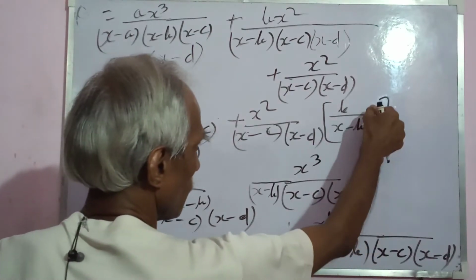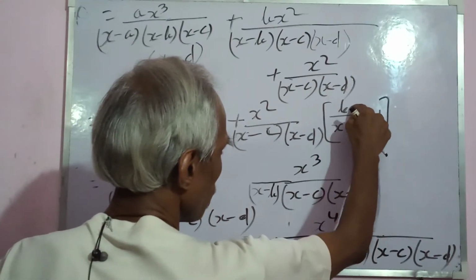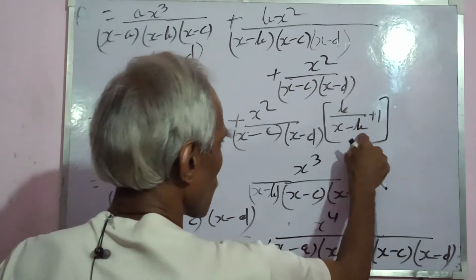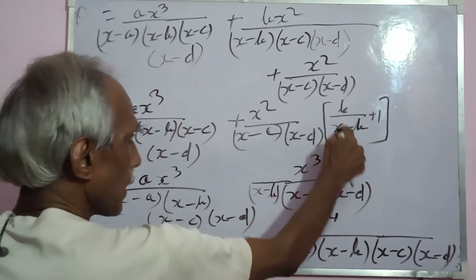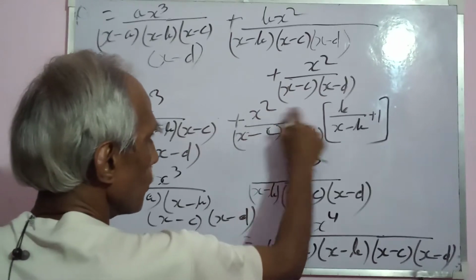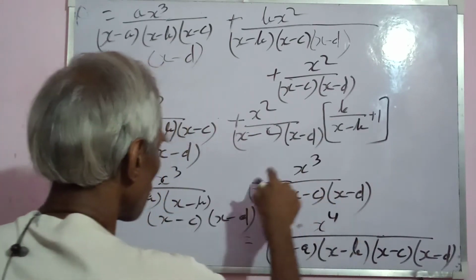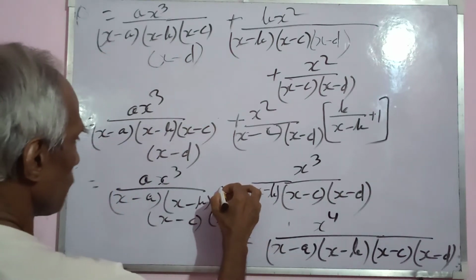Now by calculating, b minus b will cancel, then it will be x by x minus b. X by x minus b into x square means x cube by (x minus b)(x minus c)(x minus d), and that part is written here.